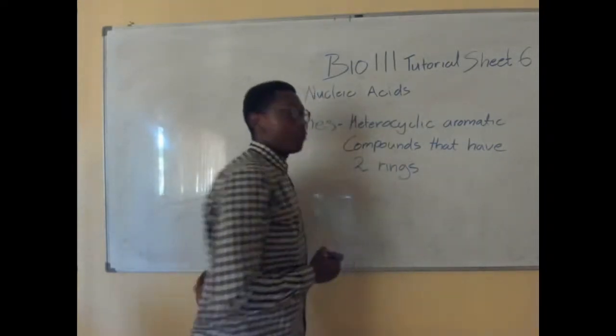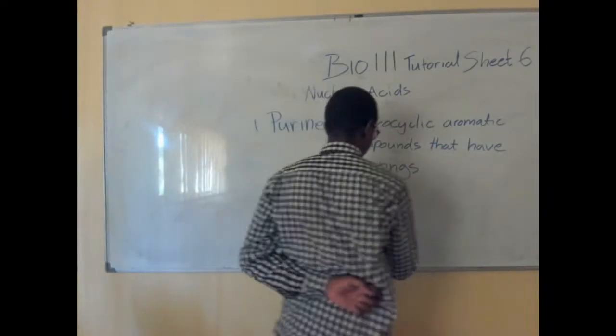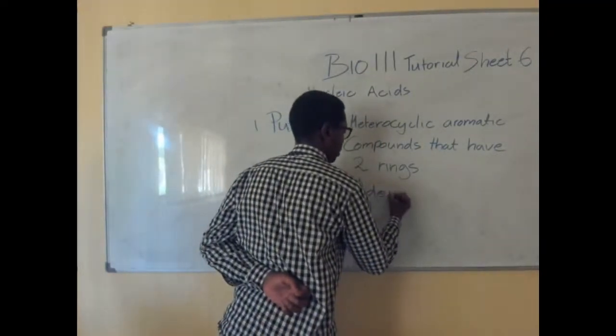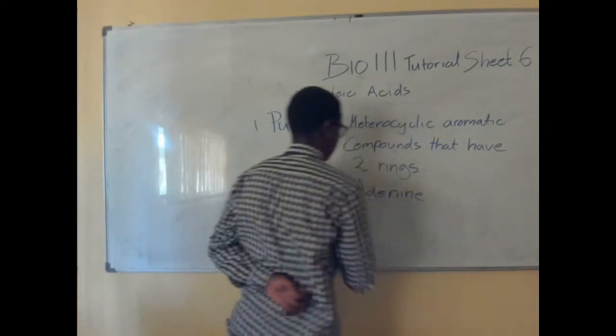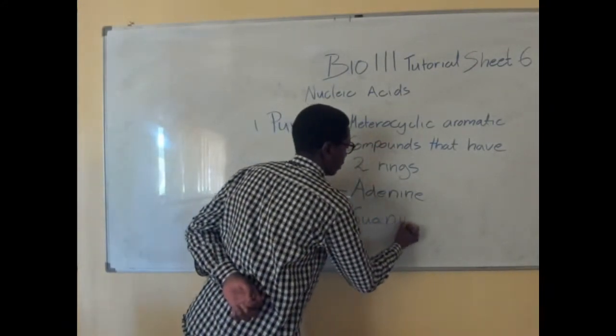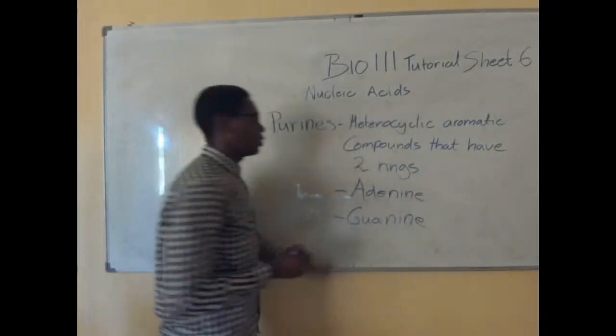So examples of purines are adenine and guanine. Okay, so let me explain a bit.